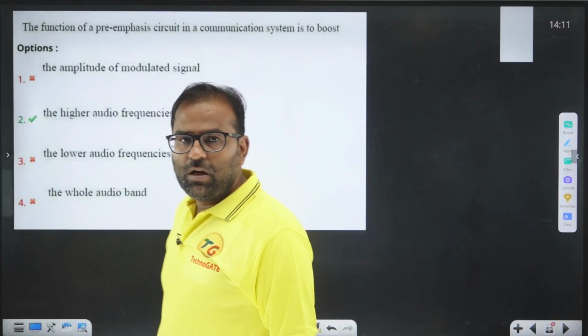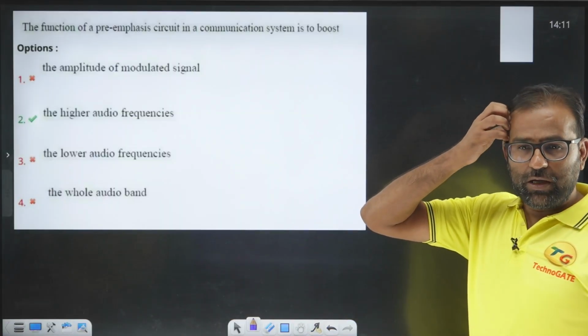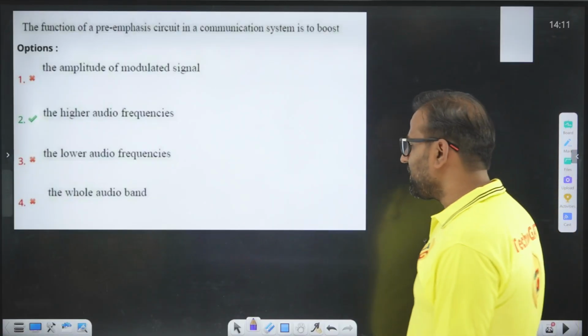Next, the pre-emphasis circuit. Always remember this very periodic question in your exam. Many times they have asked this question: what is the pre-emphasis circuit?